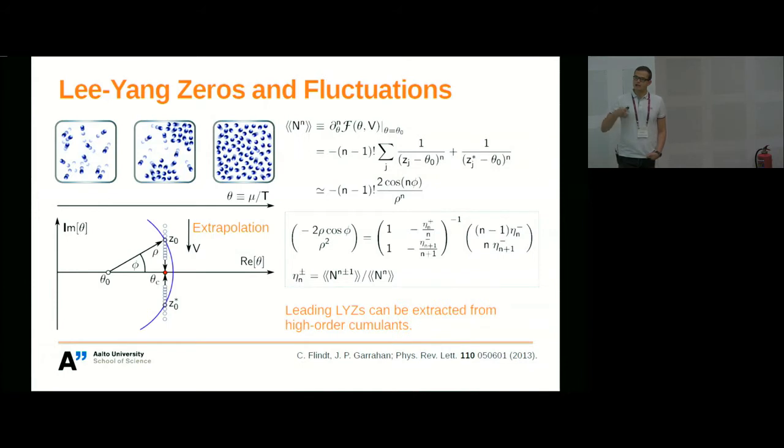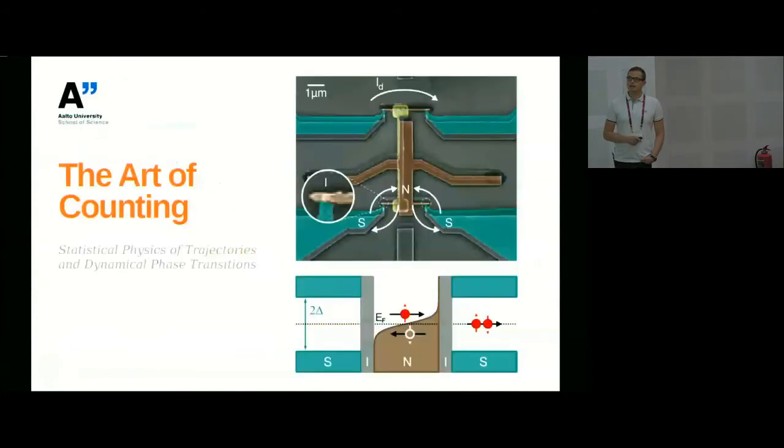And that tells you if I know 4 successive cumulants of sufficiently high order in a sufficiently small system, I can calculate the polar coordinates rho and phi of the leading Lee-Yang zero with respect to my expansion point. Okay, so I have a connection now between the leading Lee-Yang zero, or the coordinates of the leading Lee-Yang zero, and the higher order fluctuations of my system. Okay, so that's the take-away message here.